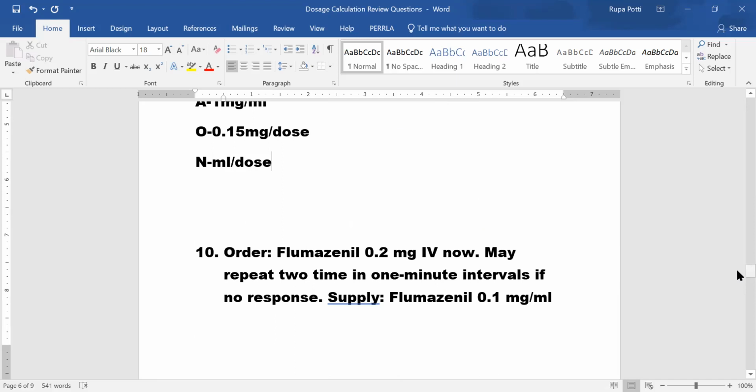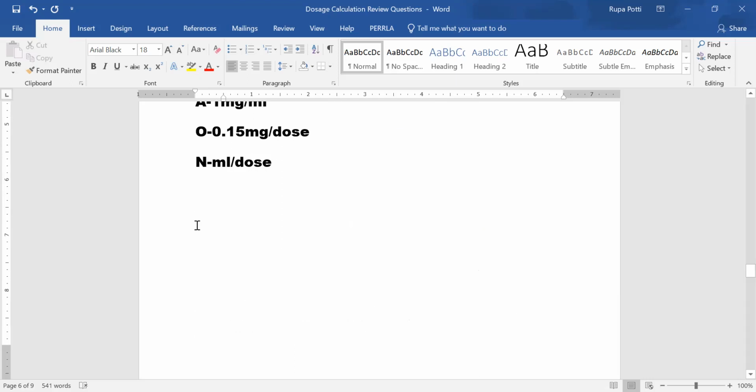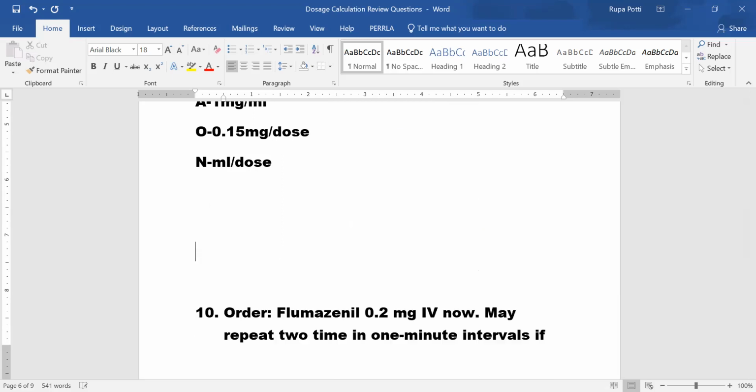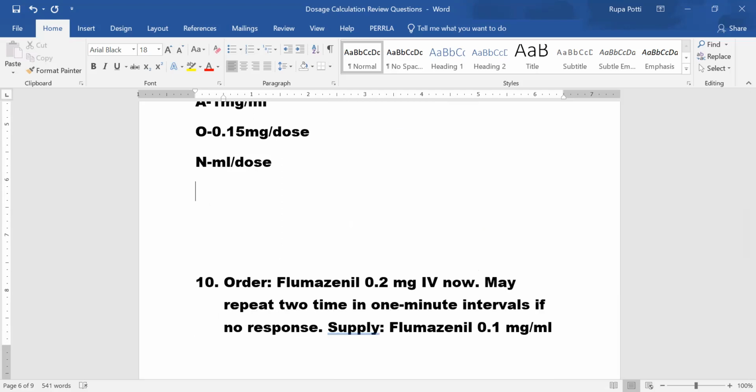So now you have what is available, what is the order, and what is it that you need. Again, if you have a way that is working best for you, I wouldn't recommend that you change it. But if there is an easier way, or sometimes in between you're doing the problem and you're getting lost and thinking, is there any other way to do it, then maybe this is what I will advise.